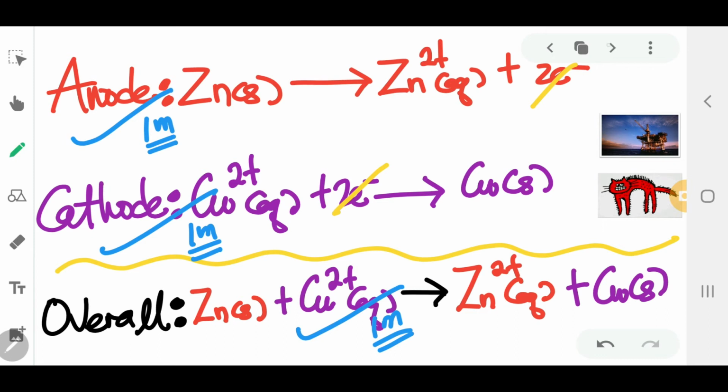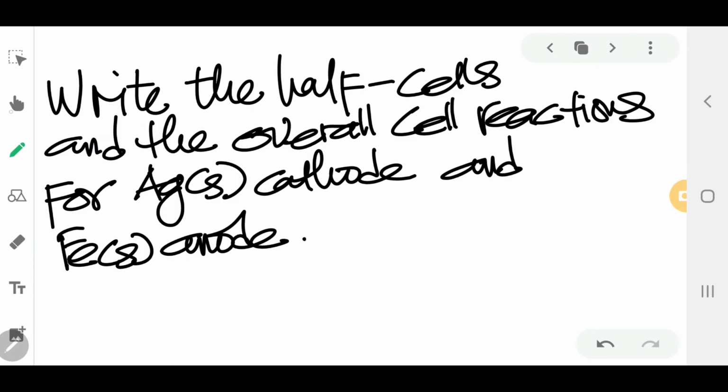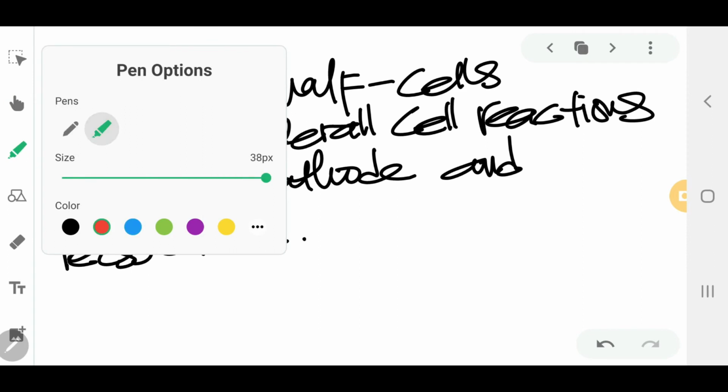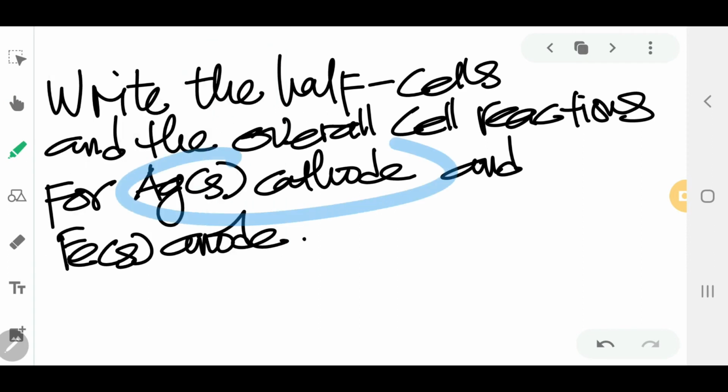Let's have a look at another question. Here, instead of giving you the diagram of the galvanic cell, the information is given in the form of a phrase. So you have to write the half-cells and the overall cell reaction for silver solid at the cathode and iron solid at the anode. How are you going to do this? First of all, look at this piece of information.